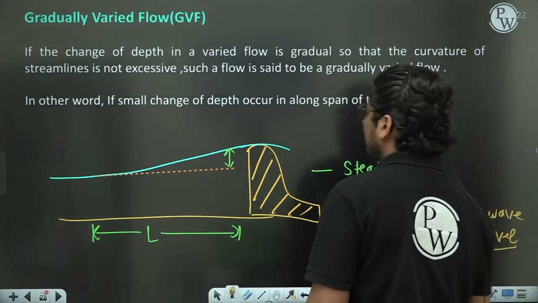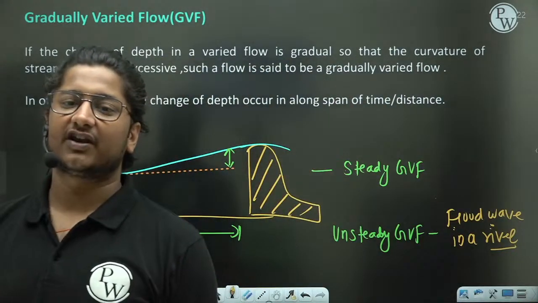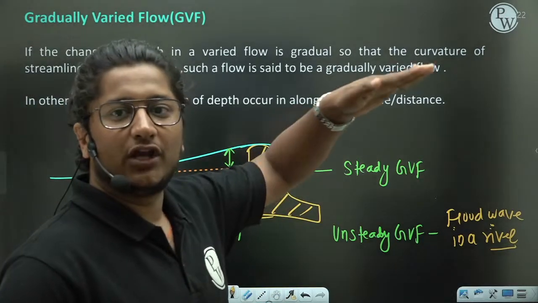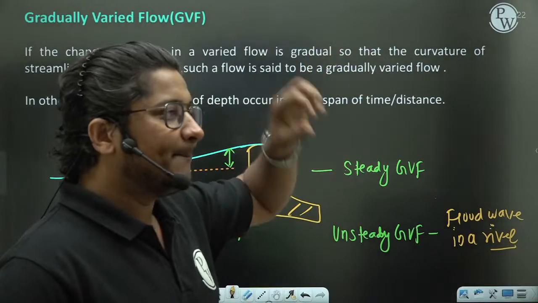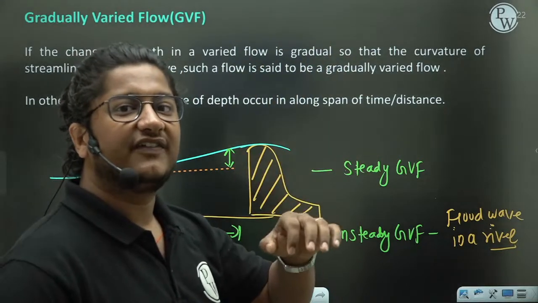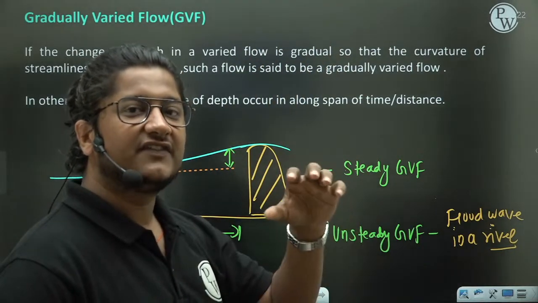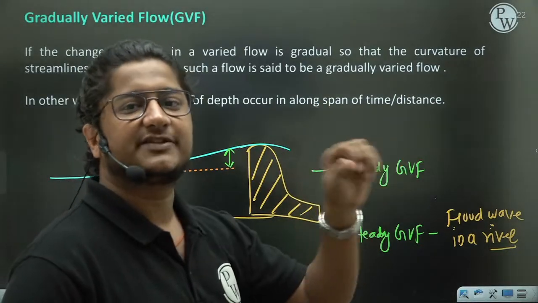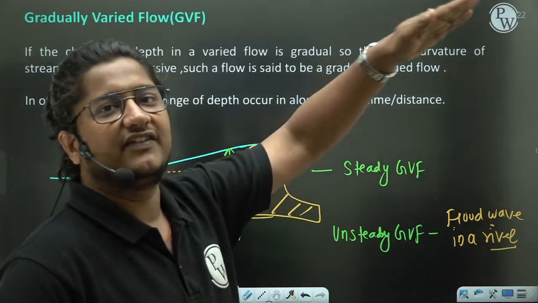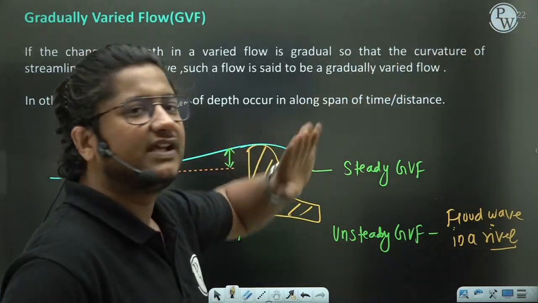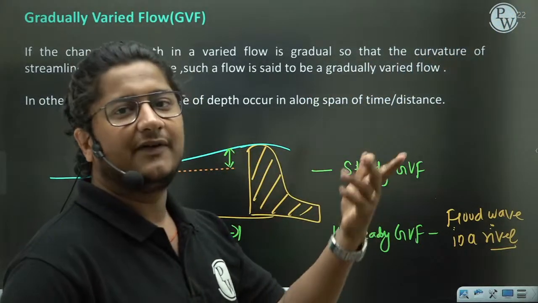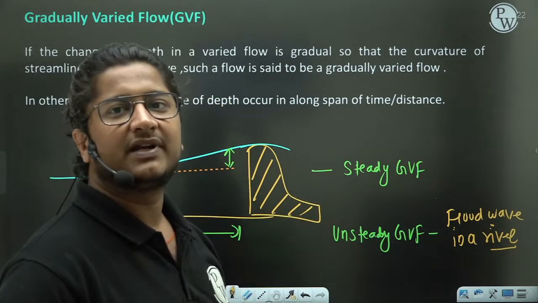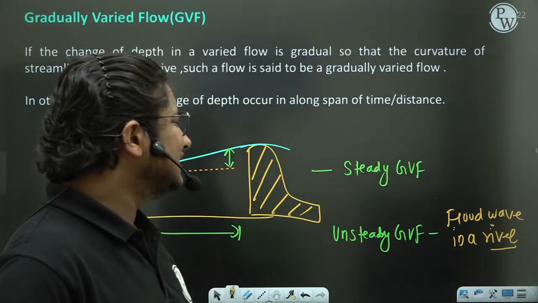During flood, whatever waves come in our river, they are non-uniform flow waves, but at the same time those waves are not constant. The wave dimensions or the wave depth are not constant with respect to time. Certain waves will have different change in depth, another wave will have different change in length. So that flood wave is a perfect example of unsteady GVF.